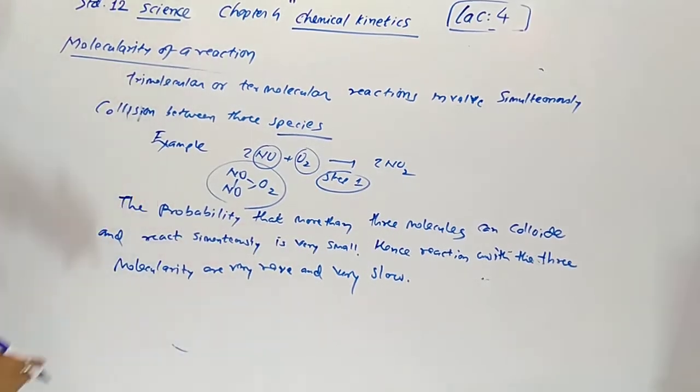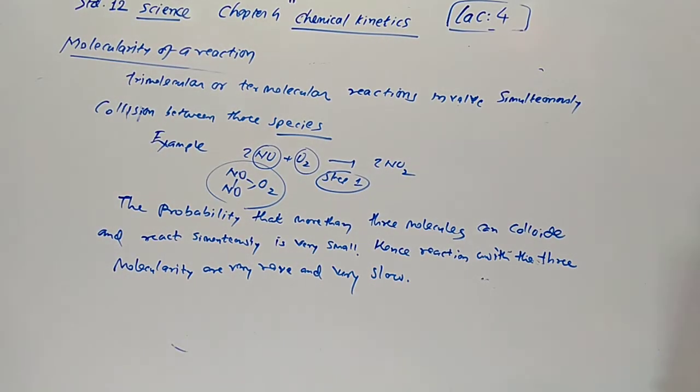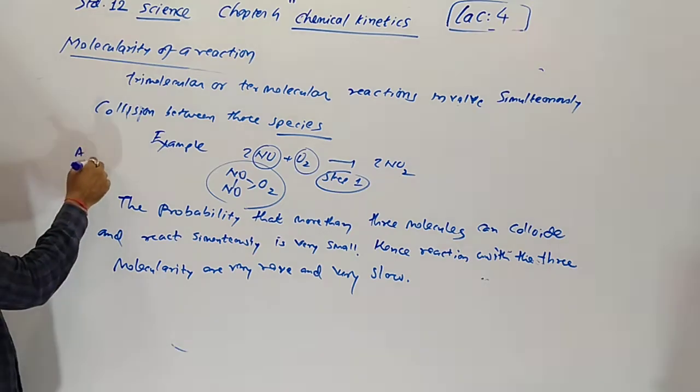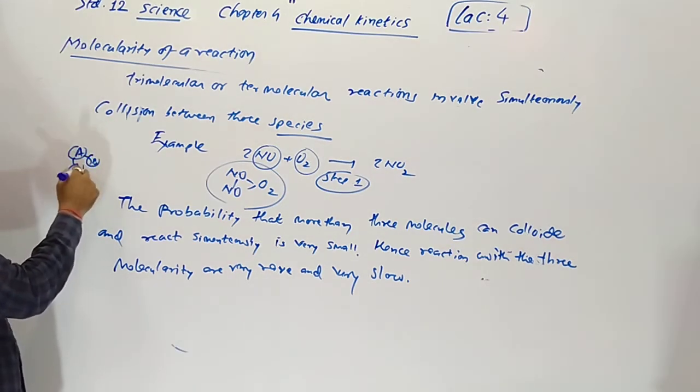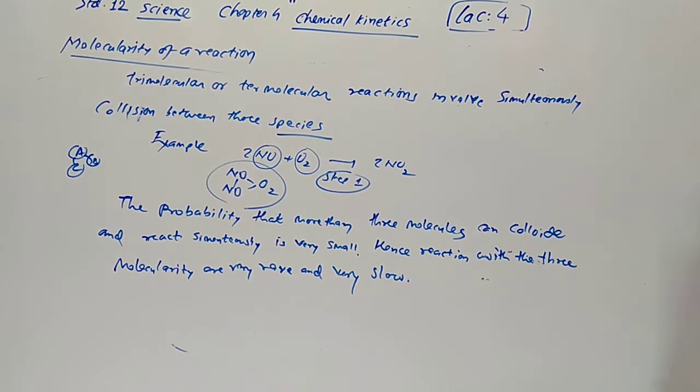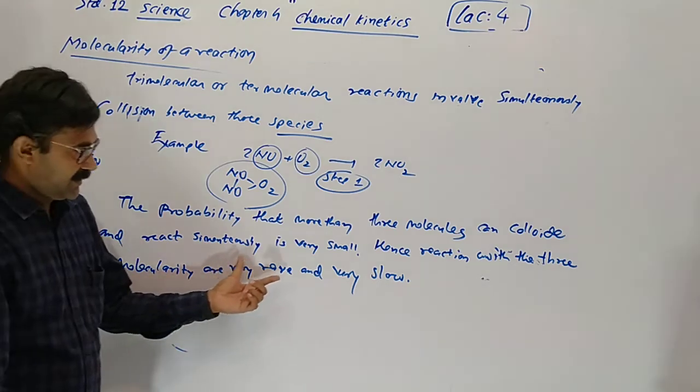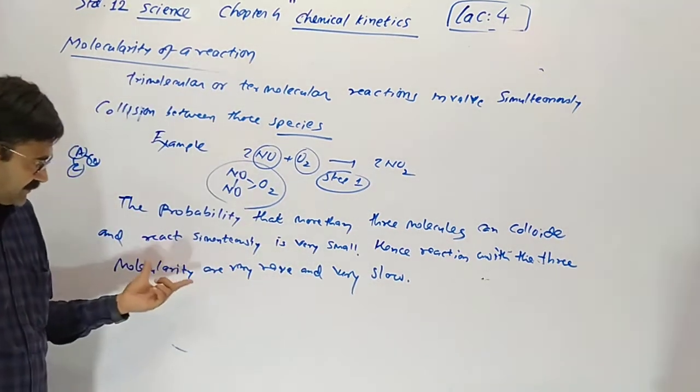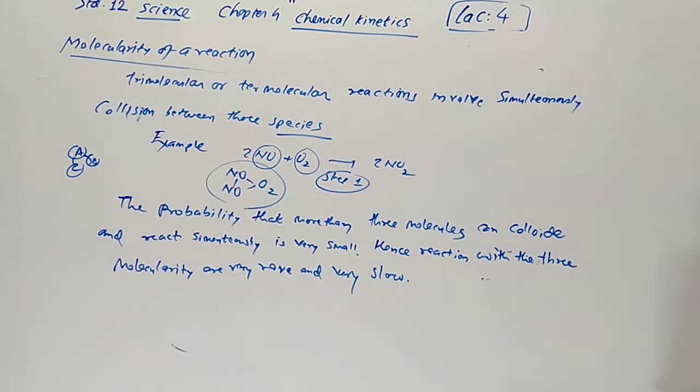More than 3 molecularity is not possible. More than 3 particles never collide with each other at a time. So more than 3 molecularity is not possible. And also, examples having 3 molecularity are very rare.